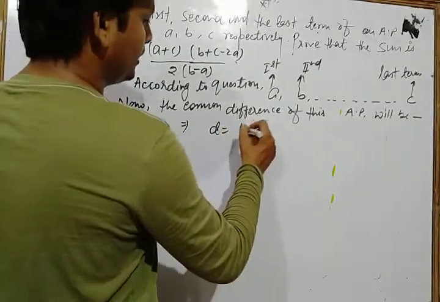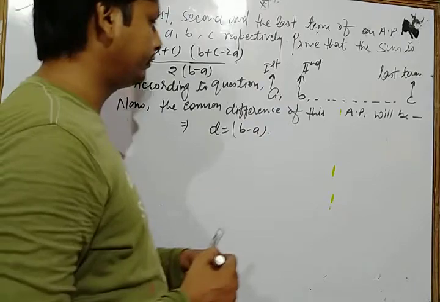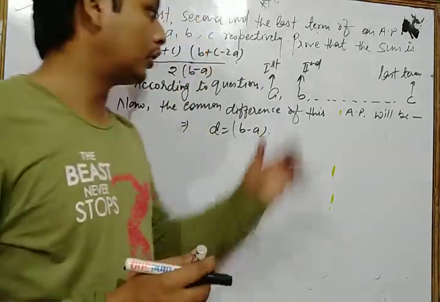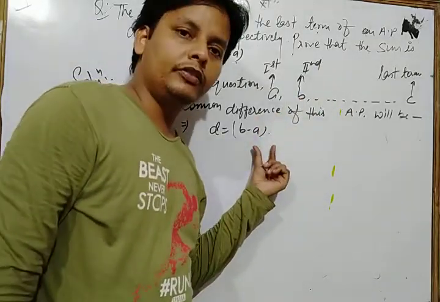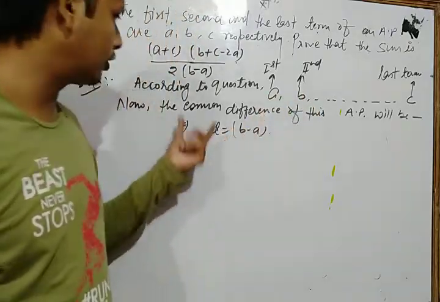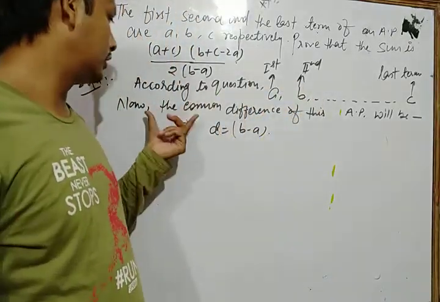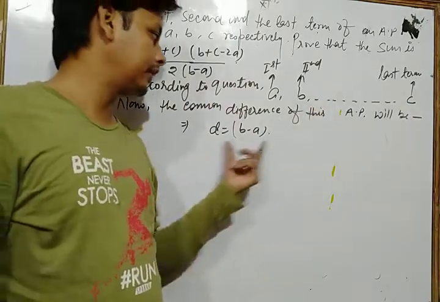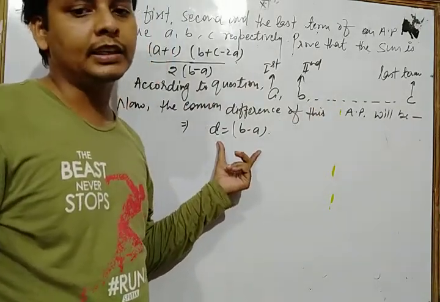D is equal to B minus A, because the common difference is the second term minus the first term. So according to this AP, D is equal to B minus A.